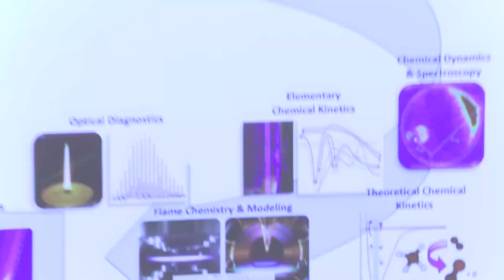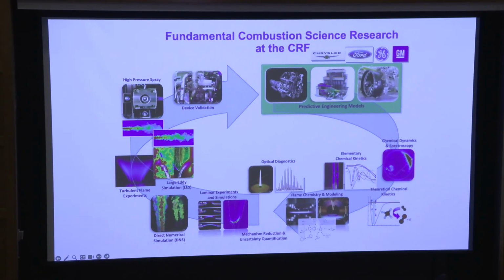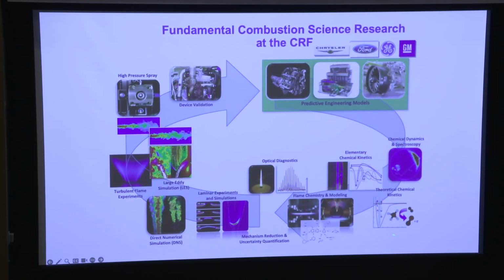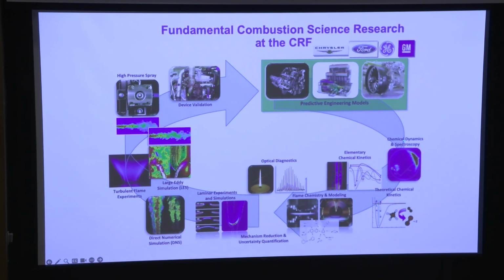So it was pretty much soup to nuts for the fundamental combustion science research that was performed at CRF, starting from the very basic chemical physics associated with gas phase kinetics, so chemical dynamics, spectroscopy, and theoretical chemistry, so things like ab initio calculations, potential energy surfaces, master equation, and then elementary kinetics, and then flame chemistry, so things like flat plate burners and stagnation point flows, to measure minor species, major species, temperature, soot, using various optical diagnostics that were developed as part of this research effort, and then developing chemical mechanisms that could be coupled in CFD problems.